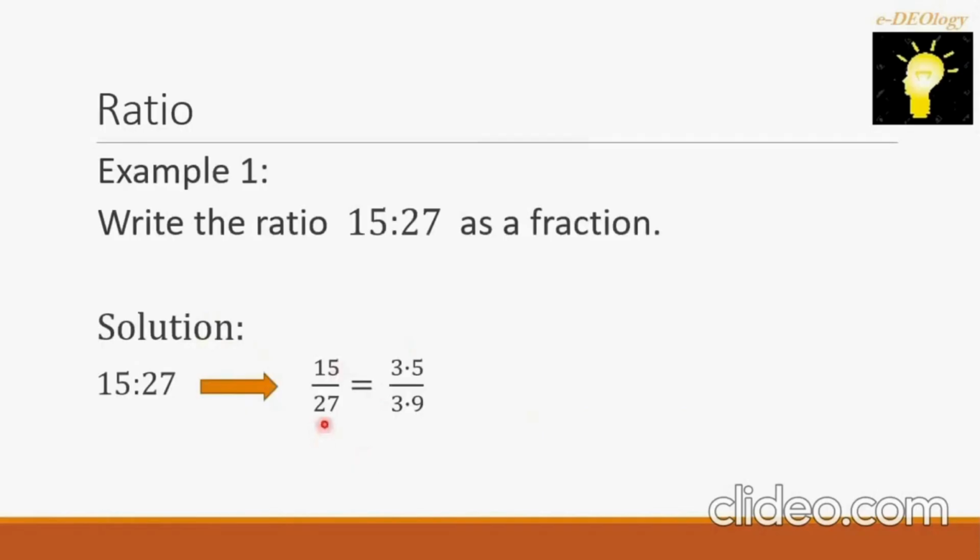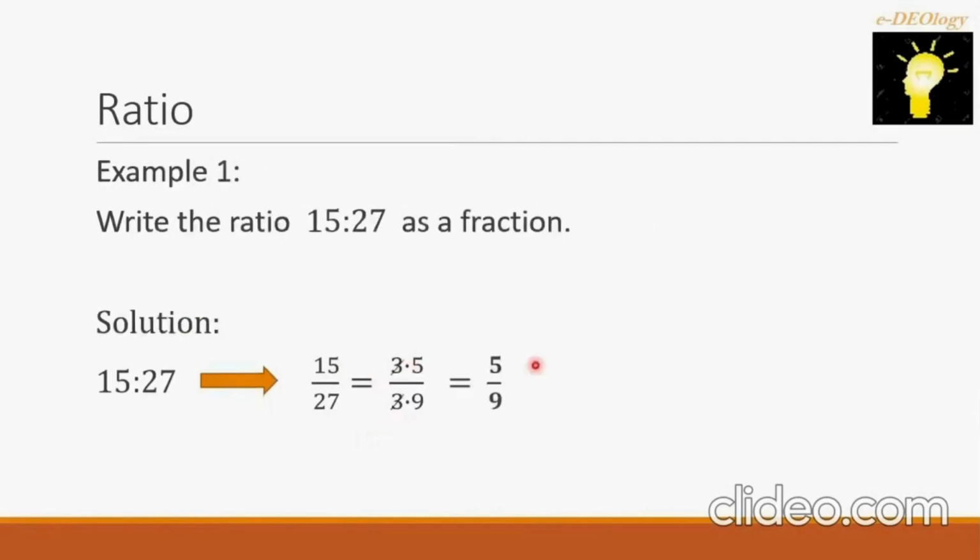The 27 is factored into 3 times 9. The 3 is common to the numerator and denominator, so we can cancel the number 3, and what remains is 5 over 9. So 15:27 as a ratio is now expressed as a fraction, 5 over 9.